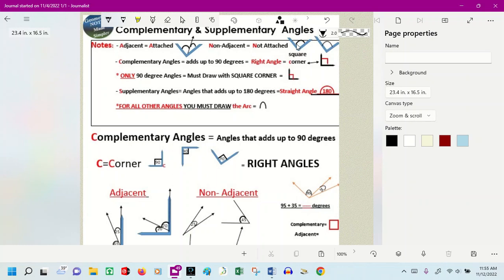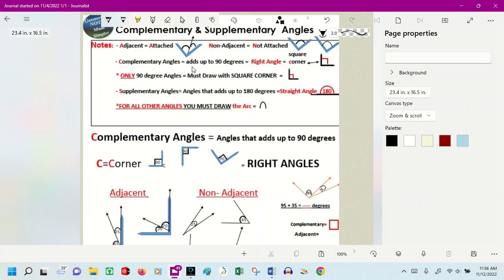Non-adjacent is two separate angles. Two separate angles, they are not attached. They are not adjacent. These two are attached to each other, they are adjacent. These two are two separate angles, they are not attached, so they are non-adjacent.